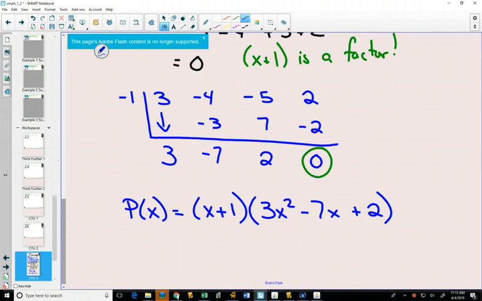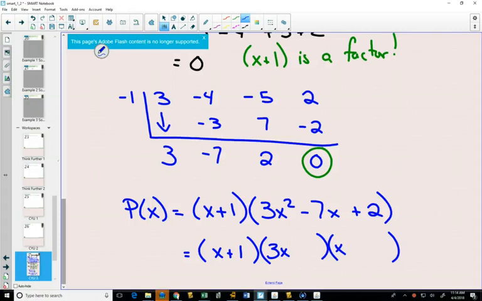Step 3 says if you want to factor this completely and you get a quadratic, which we do, 3x squared minus 7x plus 2, now you can just factor it completely using your factor skills from before. We're still going to have an x plus 1. Let's see if we can factor this. If the first term is 3x squared, only possibility, 3x and x.